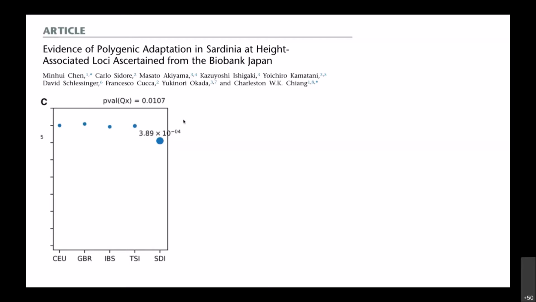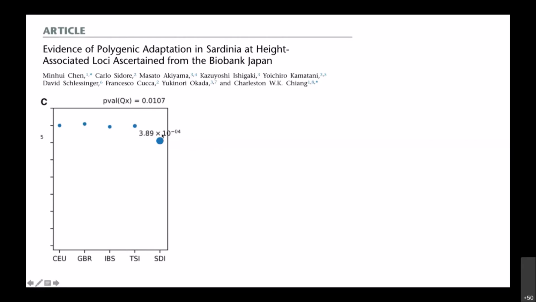And so there was some thought that perhaps this signal was real, even though these broad continent-wide signals had not been, or seemed to be the result of bias. And so what they did was something very clever: they used GWAS effect size estimates taken from the Biobank of Japan rather than from European populations.